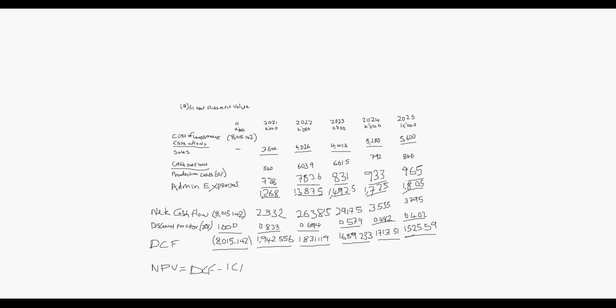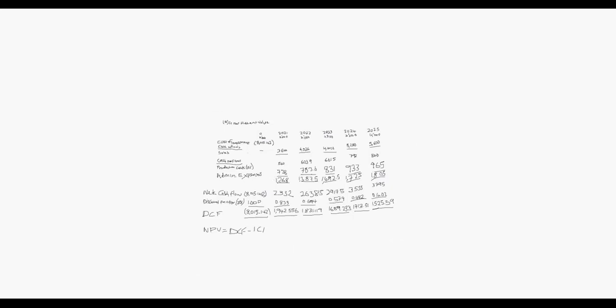The total discounted cash flows are these from year 1 up to year 5. So I want us to add these figures together, then we subtract the initial cost.